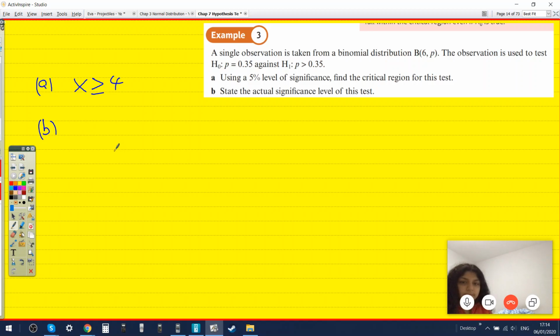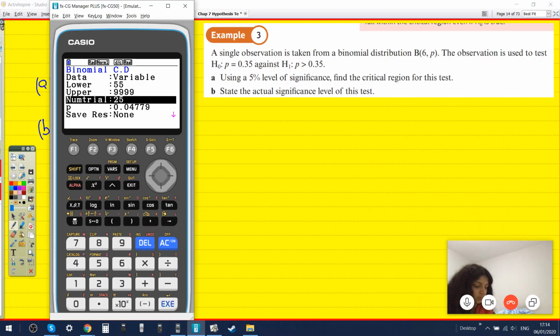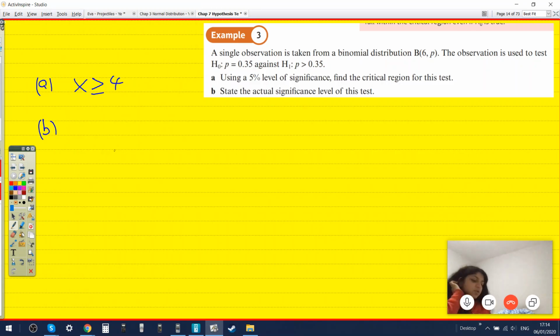So what did you get, like 0.96, 0.97? 0.978. And so you would do 1 minus that. 0.022, which is, do you have to give it as a percentage or not? No, you don't have to. But yeah, 2.2%, something like that.